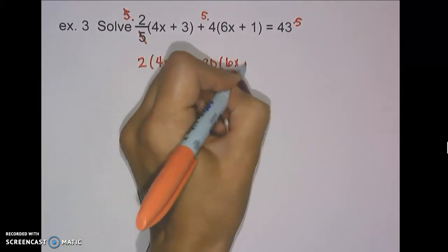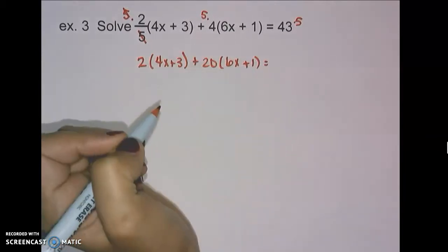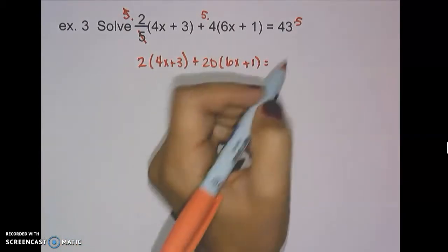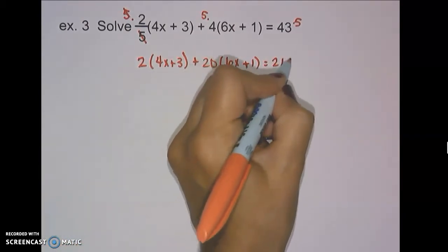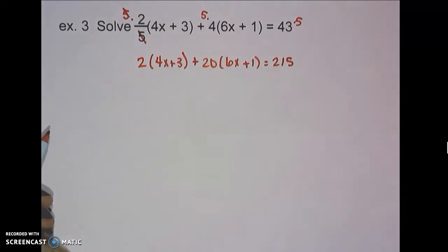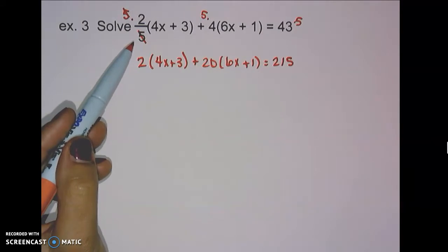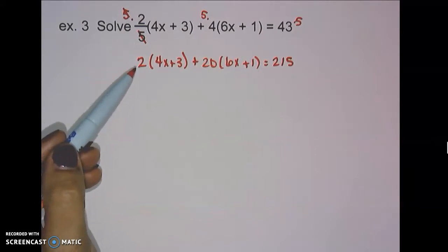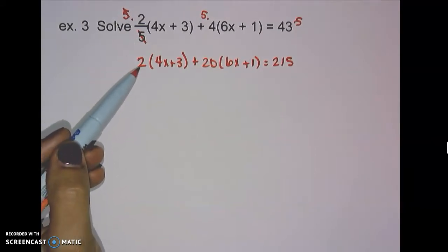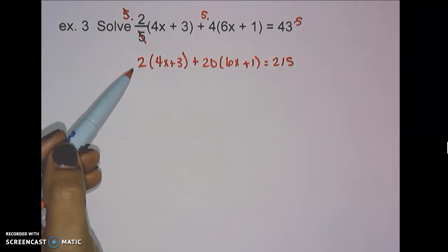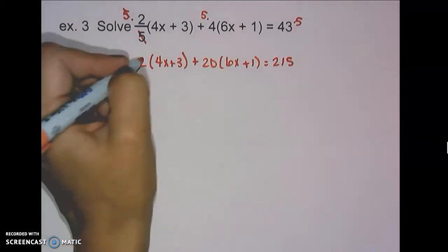And again, the 6x plus 1 is protected, so nothing changes. 43 times 5 is 215. So here's our new equation. What looked like a scary equation to begin with because it had fractions involved with it doesn't have to be. So we got rid of all of those fractions, and now we might have bigger numbers, but we are able to solve this equation.